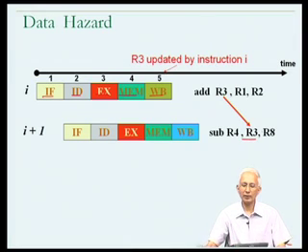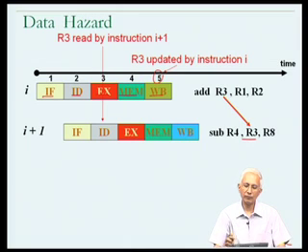For example, we know that the updating of register R3 as far as instruction I is concerned happens in cycle number 5, and we know that the reading of register R3 by instruction I plus 1 happens in cycle number 3, and therefore instruction I plus 1 is reading its source operand before instruction I has actually written the value that is supposed to be used, and hence the designation of this as a hazardous situation, a situation in which unless the pipeline is corrected or unless something is done, the result of executing simple program instruction sequences like this would be wrong.